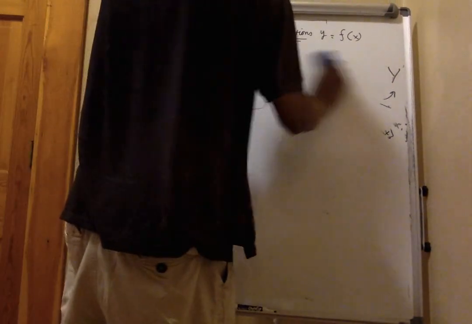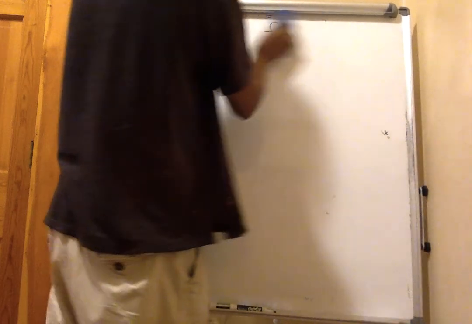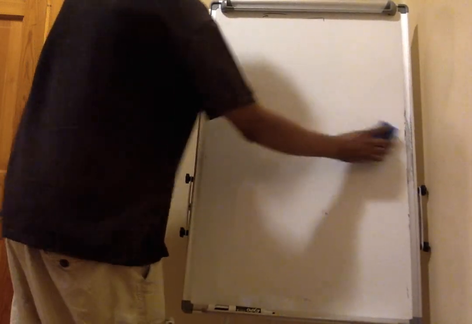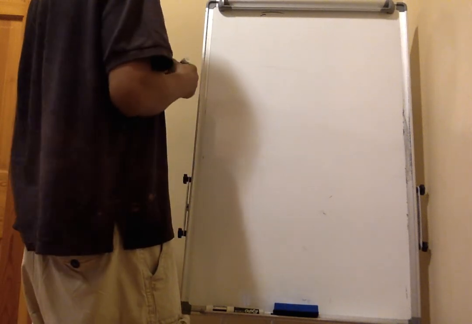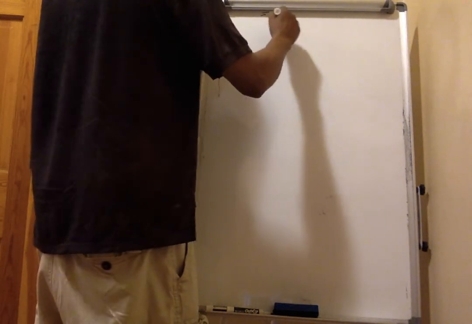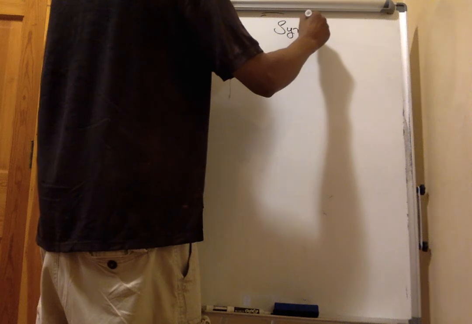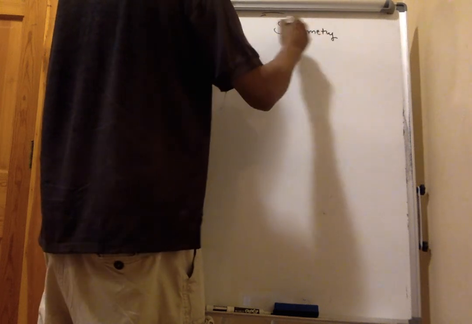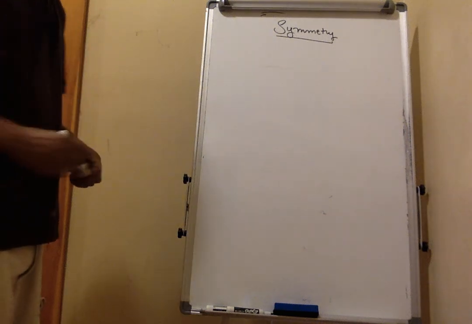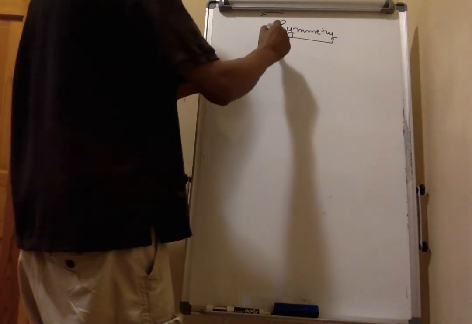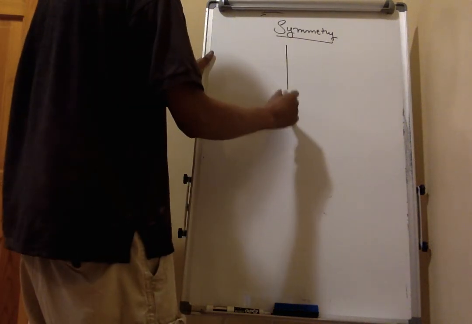Now let's look at the concepts of symmetry, and we'll use the Cartesian coordinate system to talk about this. Symmetry, reflection, these are concepts. So let me draw the Cartesian coordinate system.